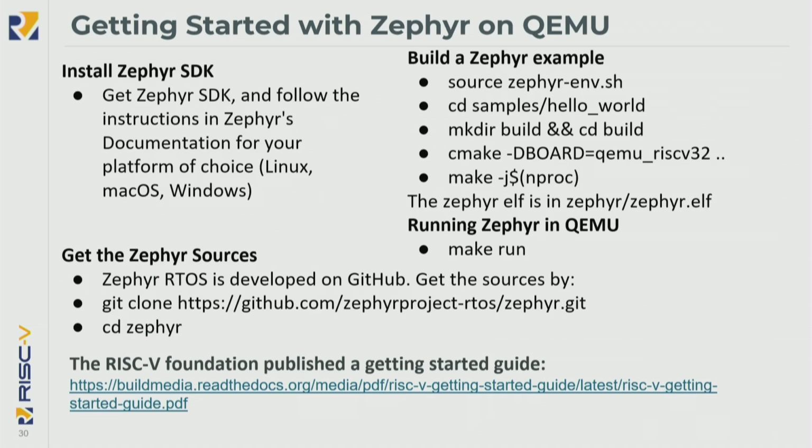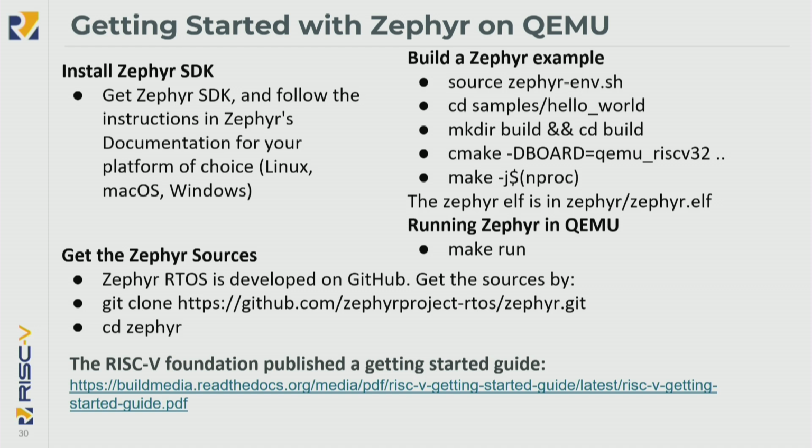How do you go about getting started with Zephyr, let's say on QEMU? Well, simply download one of their SDKs, which has support for Linux, macOS, as well as Windows. Once you download that, you can start building, but first grab the source by performing a git clone from their GitHub repository itself.